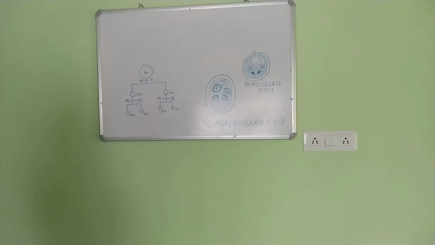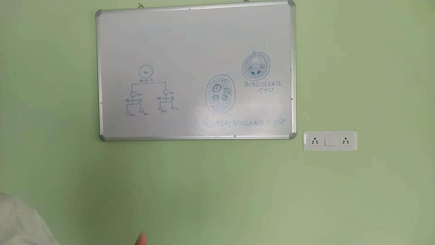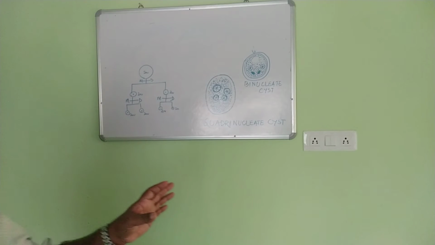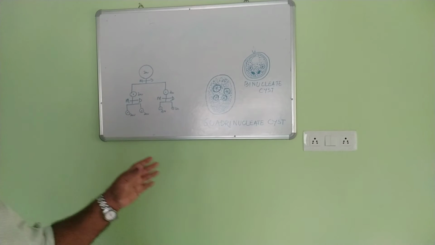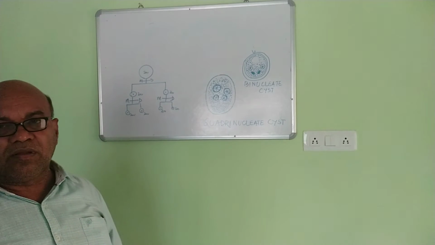Tetra means four, quadri means four. That is called a quadrinucleate cyst. And after the completion of these four daughter nuclei, it is going to be ready to separate the cyst wall from its body.